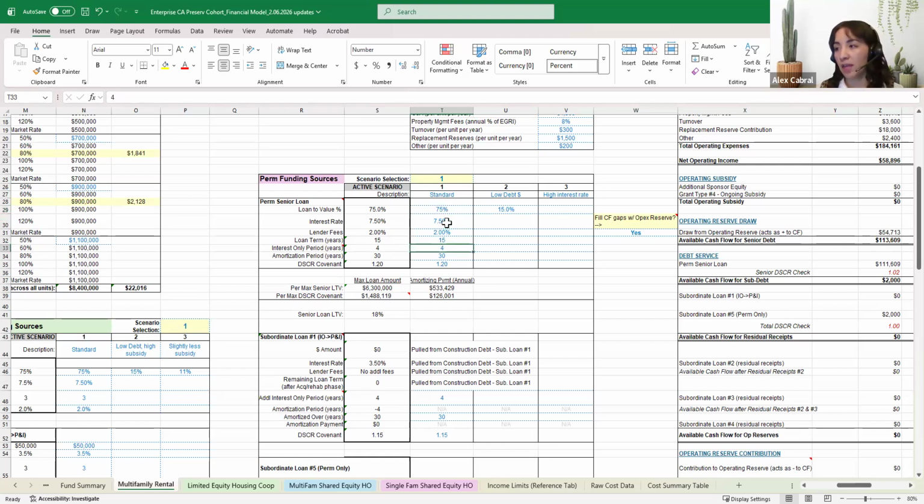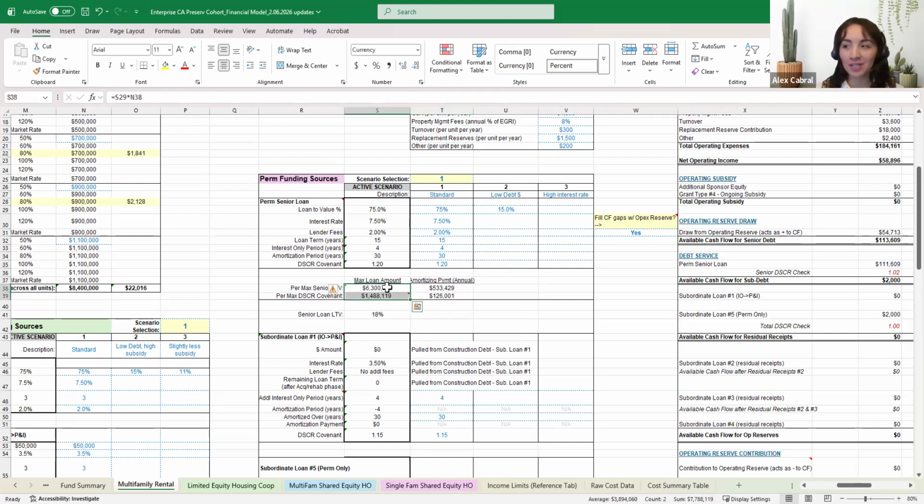So you're going to fill out your loan terms, and then you'll see here that we have both the loan amount, what the loan amount would be under the max LTV, so what it would be at 75%, and we have what the loan amount would be under the max debt service coverage ratio covenant, which our lenders have set at 1.2.